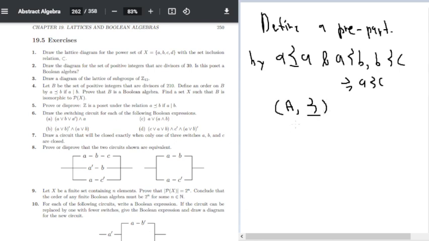Now, we have a functor that takes pre-partial relations to partial relations. By first, we take the equivalence class. Actually, I think it would be a functor, just a really kind of wonky functor.